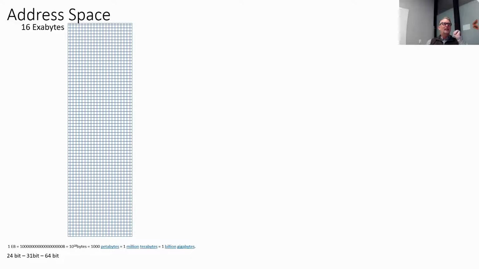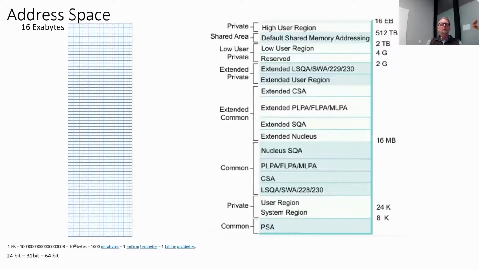It's 16 exabytes. 16 exabytes is 1 million terabytes. So it is an enormous amount of space. So when it is first created, it's an empty shell of 16 exabytes. So it's this empty Excel spreadsheet that has all blank cells.